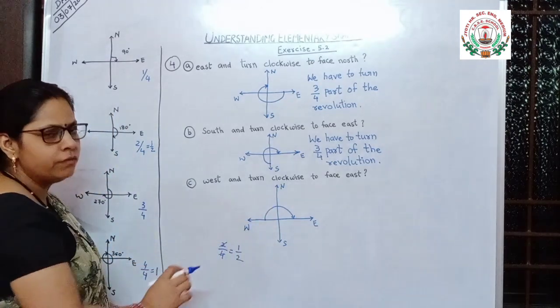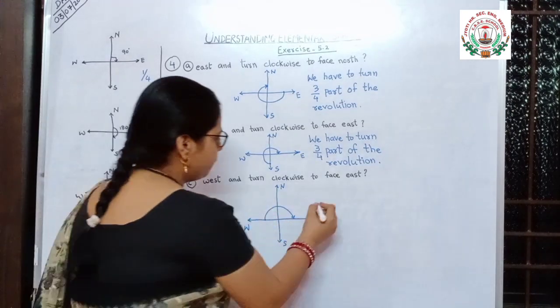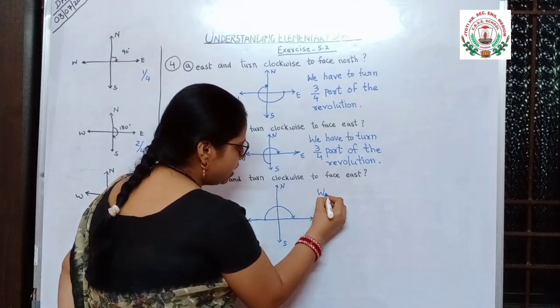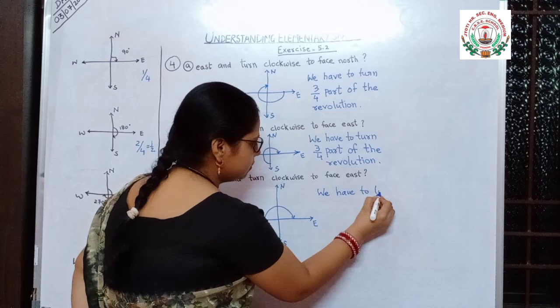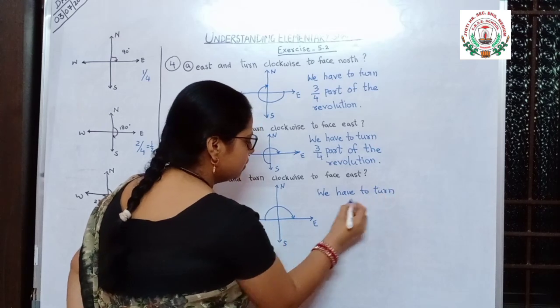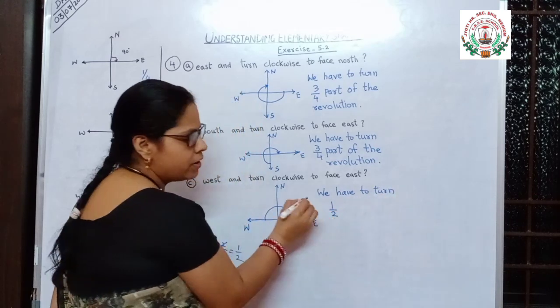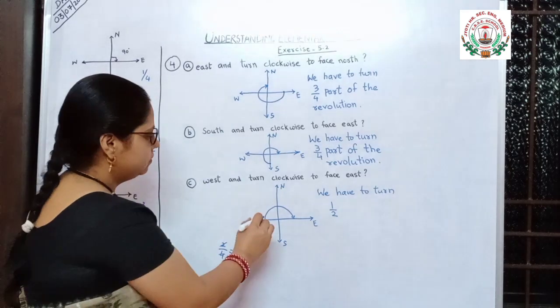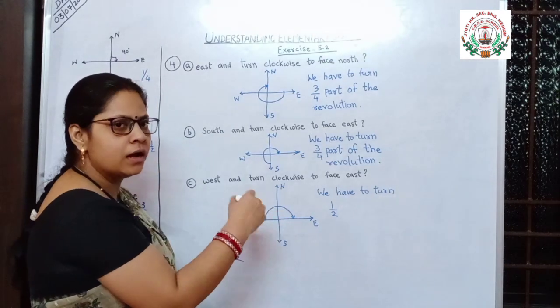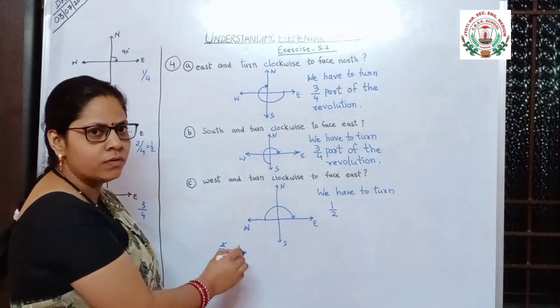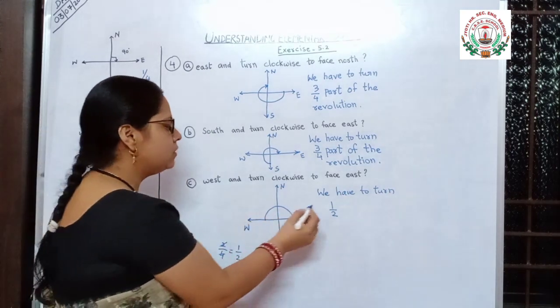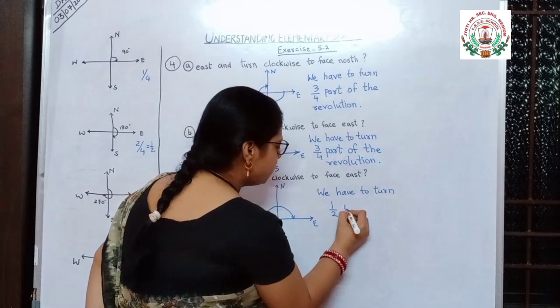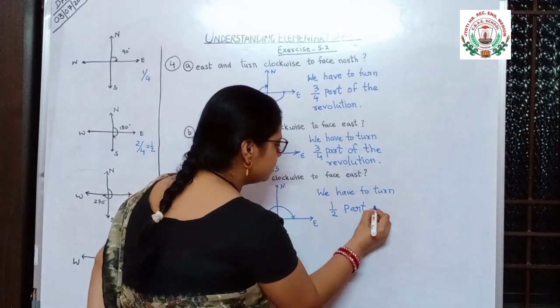So we have to turn 1/2 part. You will not write here 2/4. If you write 2/4, then again you have to cancel and write 1/2 only, because this is the simplest form or the lowest form of 2/4. So 1/2 part of the revolution.